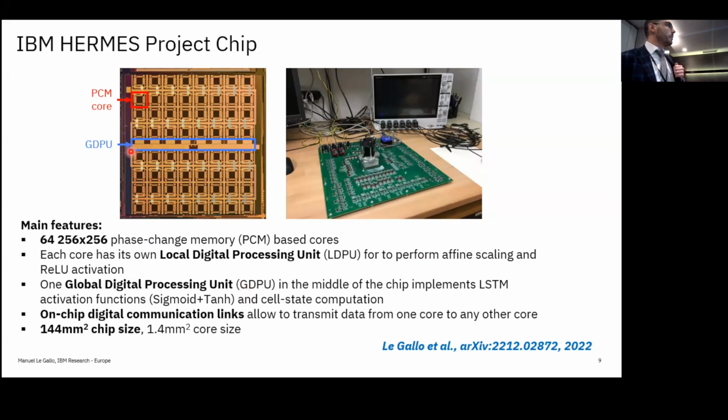This global processing unit in the middle can implement the LSTM activation functions, that is sigmoid and tanh, and also all the cell state computation that is required as well. We also have on-chip digital communication links that allow us to transmit data from one core to another core, and also to the GDPU. This chip is pretty big, actually. It's 144 square millimeters. Each core has approximately 1.4 square millimeters of area.